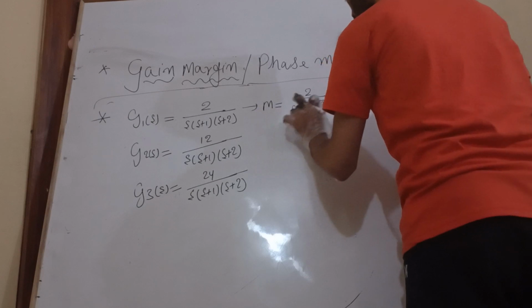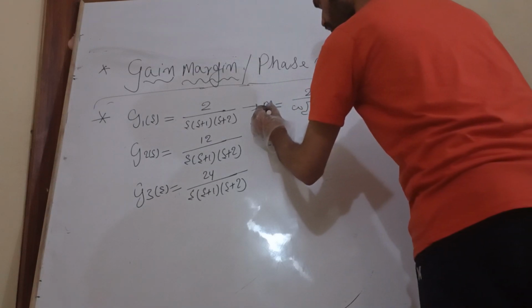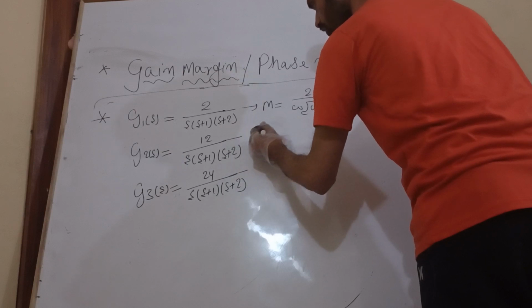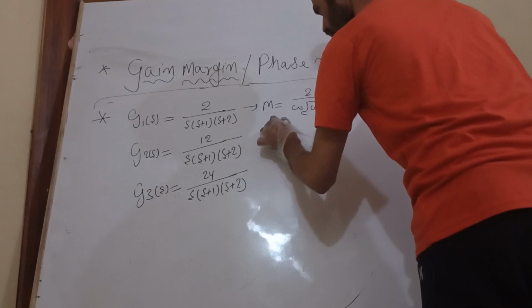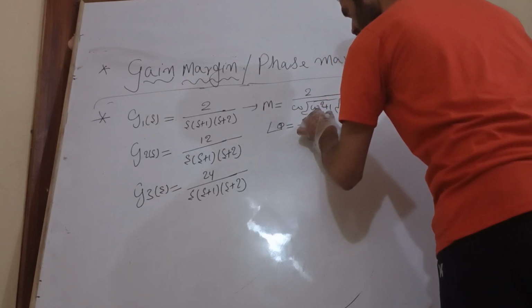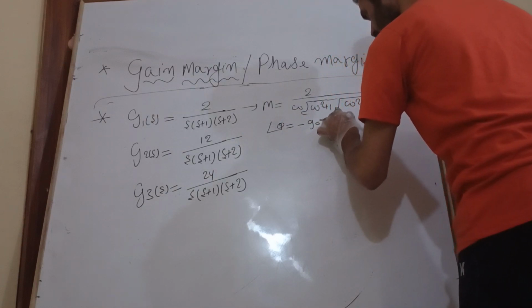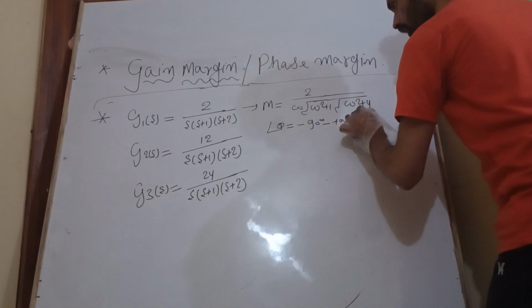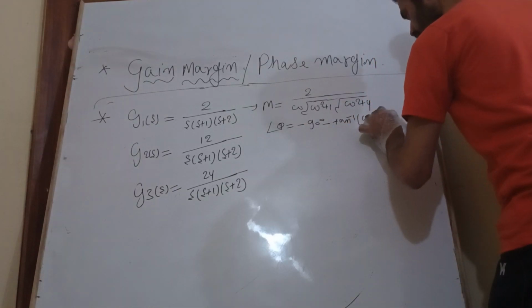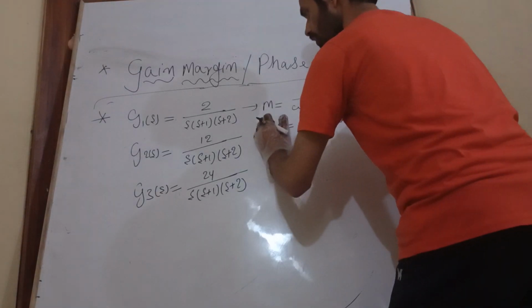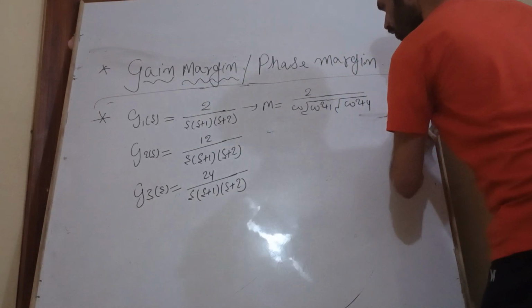And the angle phi is equal to minus 90 degree minus tan inverse omega minus tan inverse omega by 2. So this angle is the same for all.